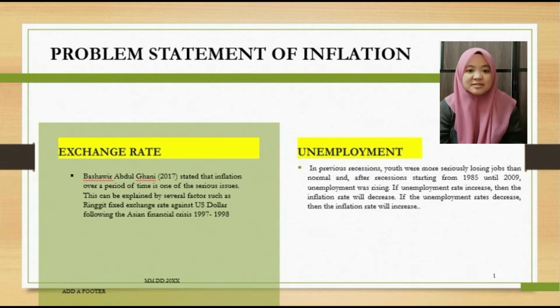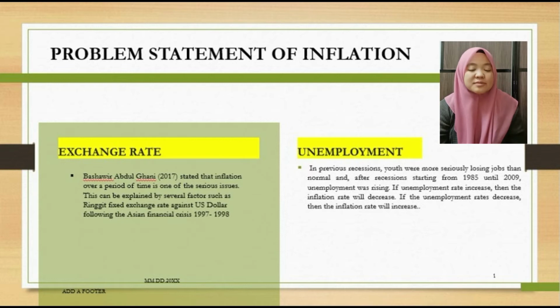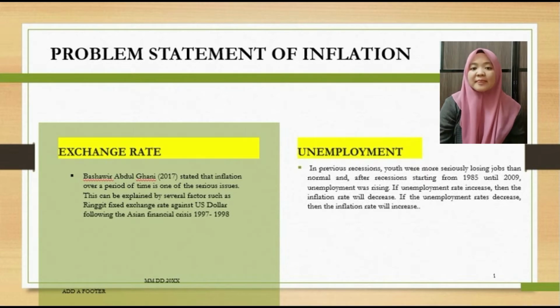In previous recessions, youth were more seriously losing jobs than normal, and after recessions, starting from 1985 until 2009, unemployment was rising. If the unemployment rate increases, then the inflation rate will decrease. If the unemployment rate decreases, then the inflation rate will increase.